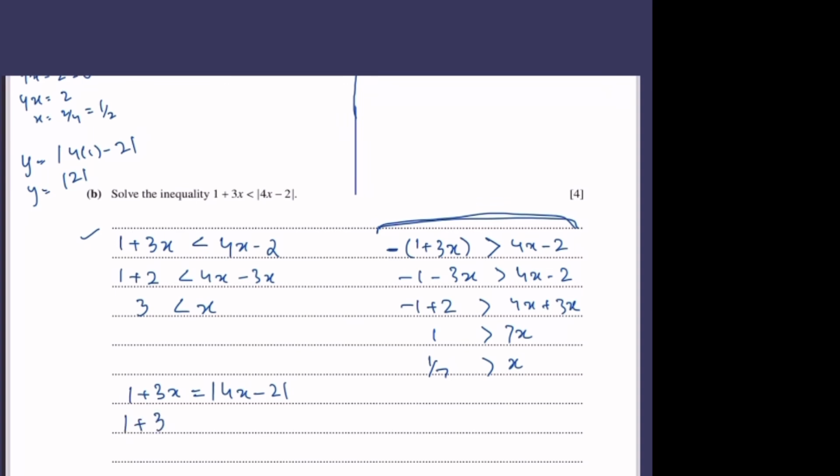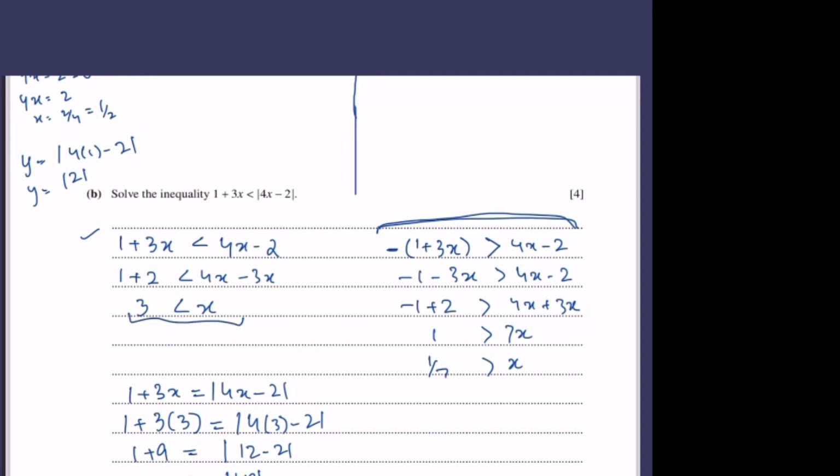So 1 plus 3 into 3 is equal to modulus of 4 into 3 minus 2. 1 plus 9 is equal to modulus of 12 minus 2. And then 10 is equal to modulus of 10. So left hand side is equal to the right hand side. That means that this root where 3 is less than x is valid.